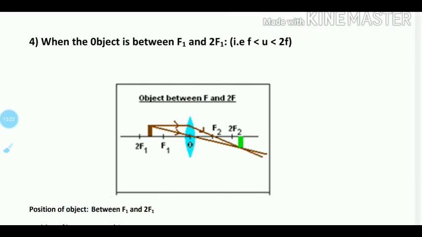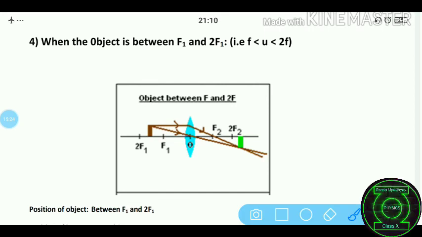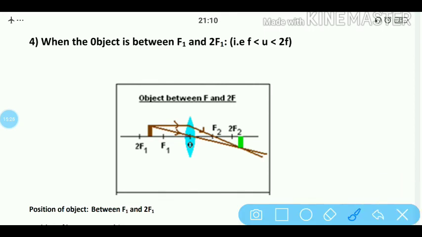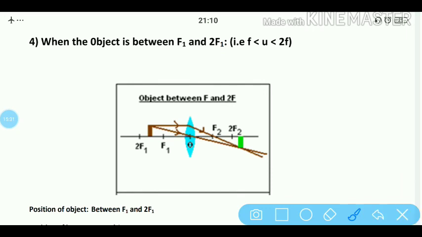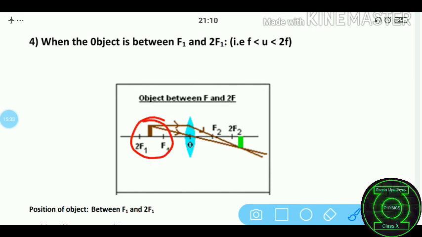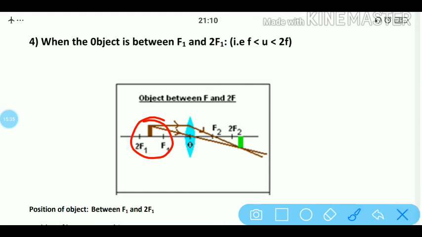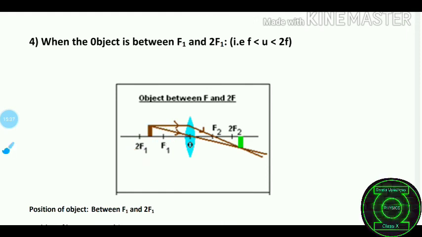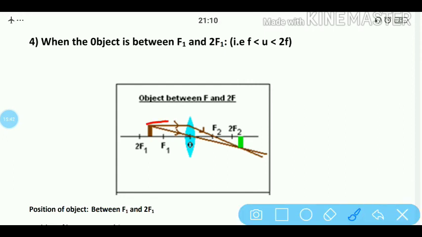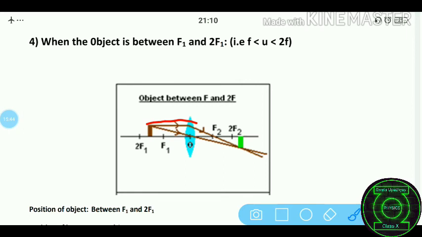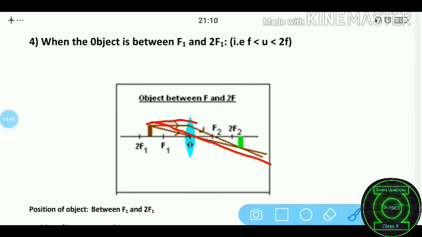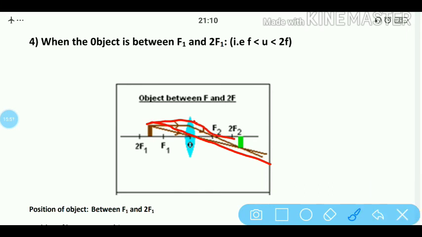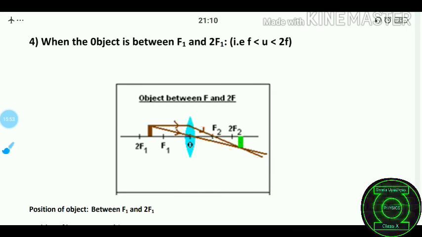Number 4. Now number 4, when the object is between f1 and 2f1. For such cases, again we will consider two rays from the object. Here is our object between f1 and 2f1. We have taken two rays, one which is parallel to the principal axis and the other which is passing through the optical center, so it will pass undeviated. The ray which is parallel to the principal axis will pass through the focus.